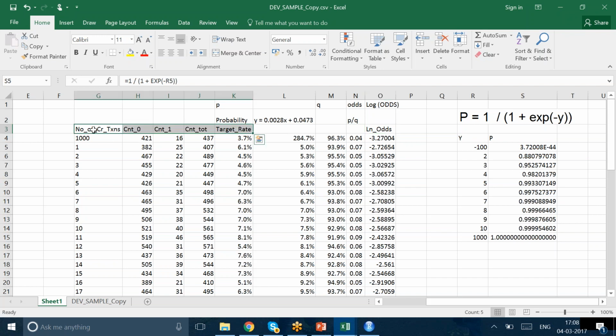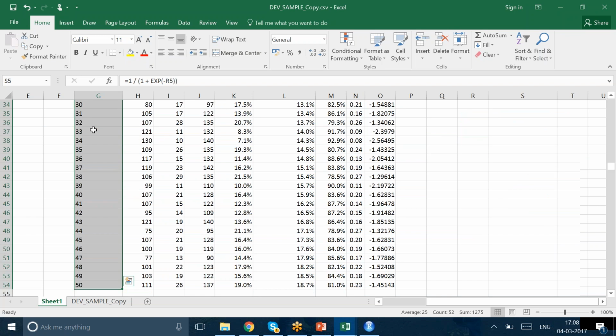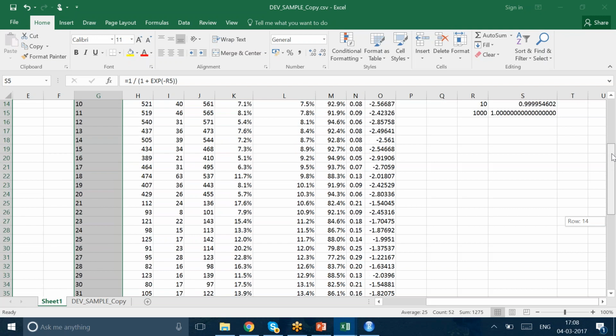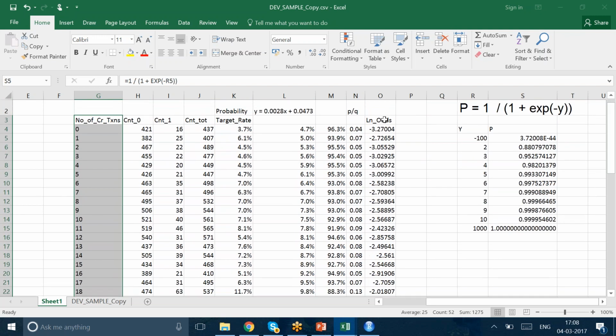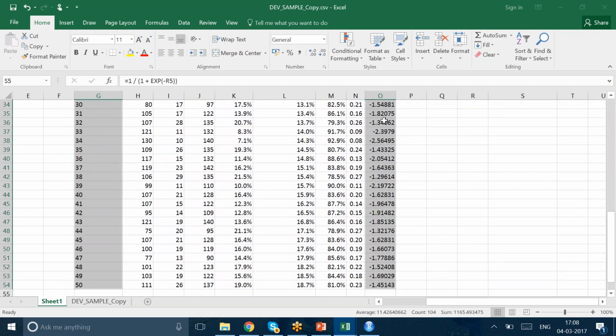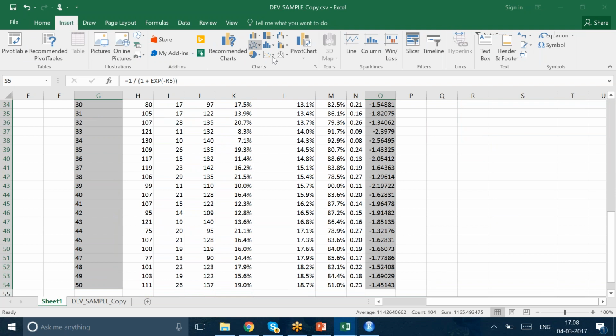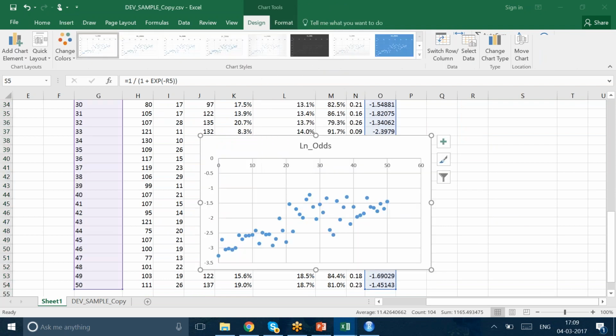This is my, sorry, what was the value here? 0. So this is my data, and with this data, this is my log odds. I am now going to make a scatter plot. This is the scatter plot I got.